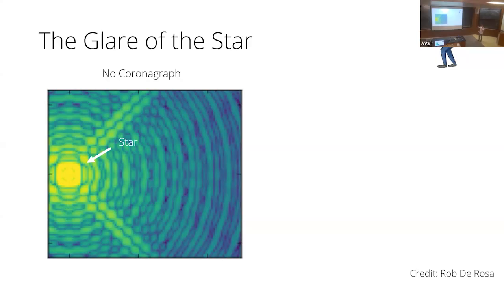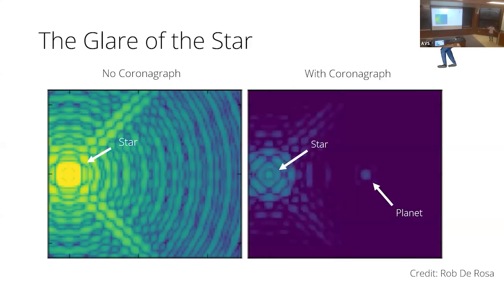So even with perfect adaptive optics, even if you have no atmosphere at all, say with a space-based telescope, because of the fundamental wave-like nature of light and the fact that it diffracts and interferes with itself, it creates these ripples that basically hide any faint exoplanets we're trying to image. So this is where a coronagraph comes into play.